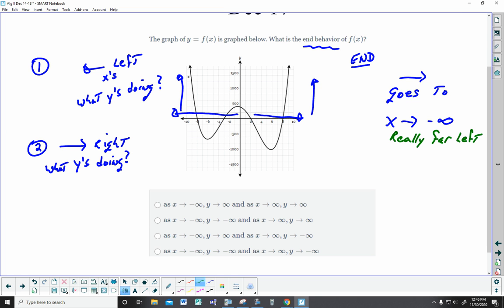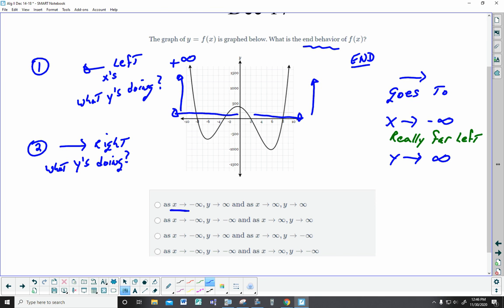They're going really far up. So how do we say that? As x goes really far left, f of x, because isn't that a fancy way of saying y? Okay, they're using y's here, so I'll back up. The y's go really far up, which is positive infinity. As x goes really far left, the y's go really far up.